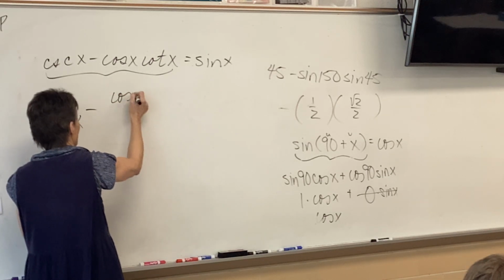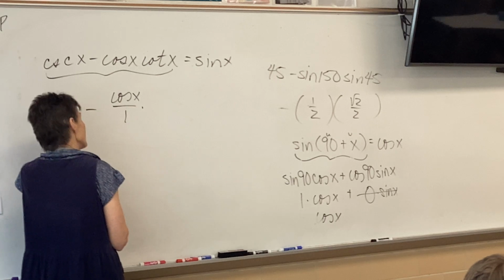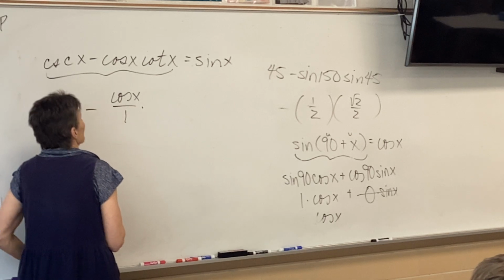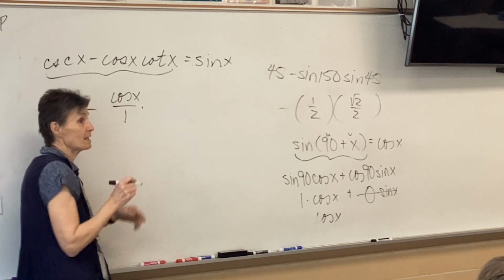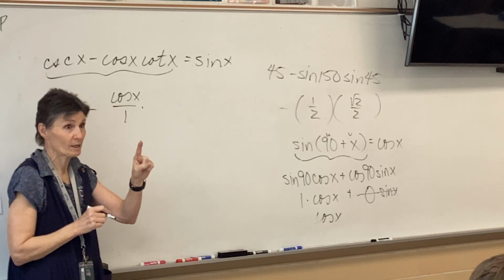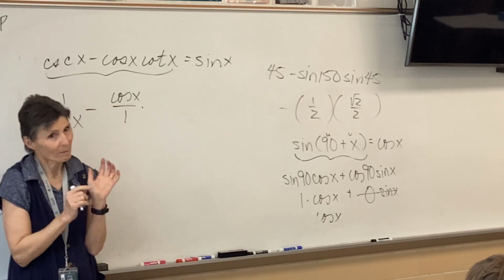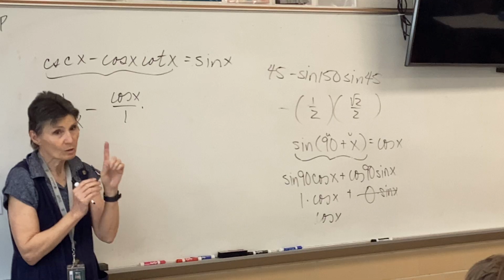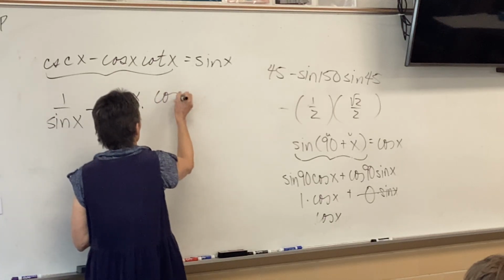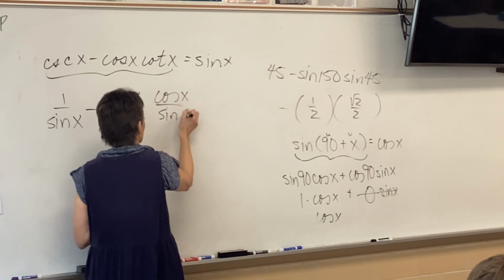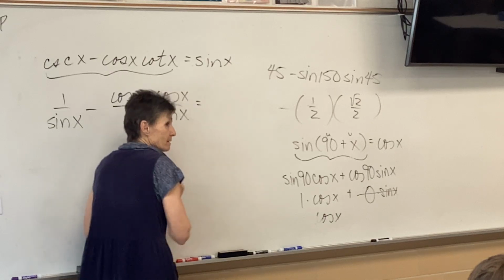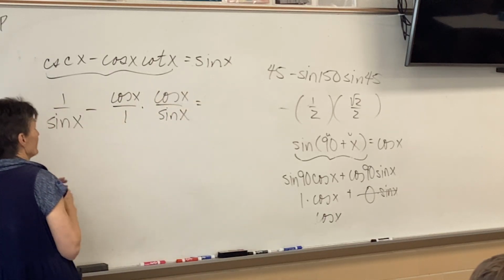Cosine is just cosine. What's cotangent? 1 over tangent, which is true, but probably not helpful. So cosine over sine would be more helpful, because I want to end up with a sine. So I like to get sines going in the problem.